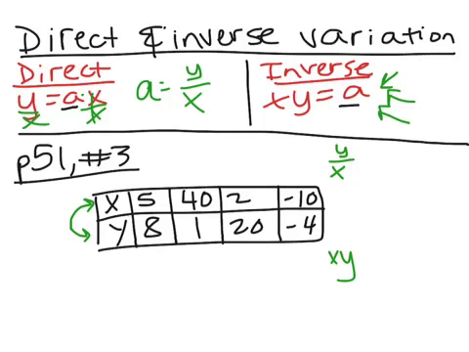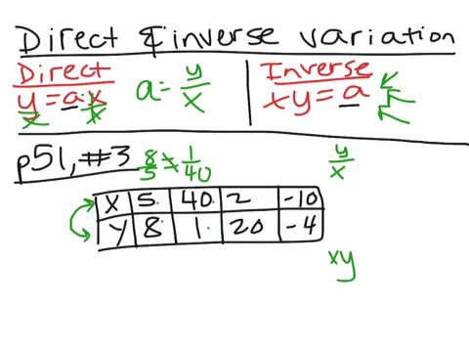If I look at this first pair, 8 and 5, I'm going to get 8 over 5. Then if I look at this second pairing, y is 1 and x is 40, y over x is 1 over 40. Obviously, 8 over 5 is not equivalent to 1 over 40, so it's not going to be a direct variation.